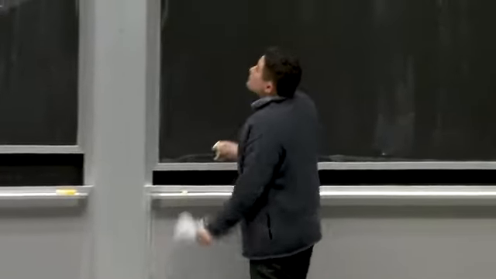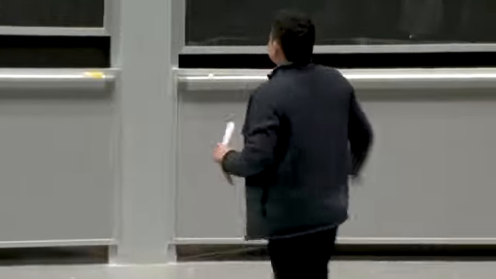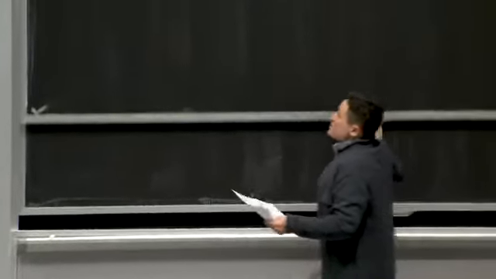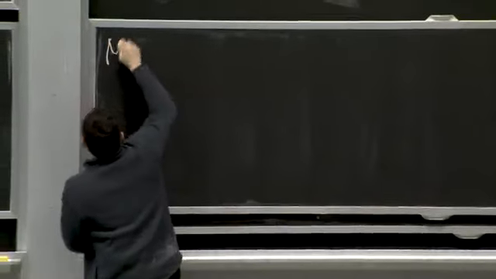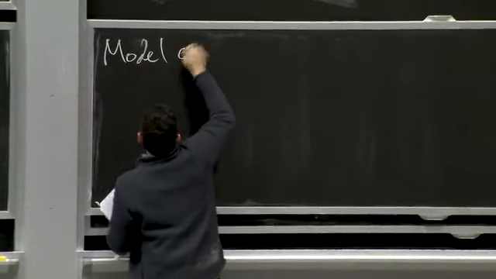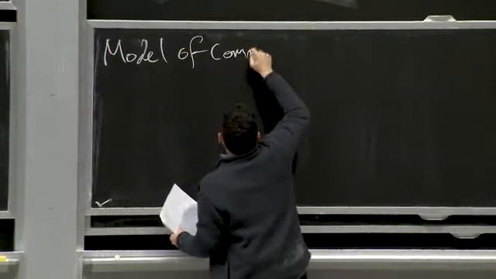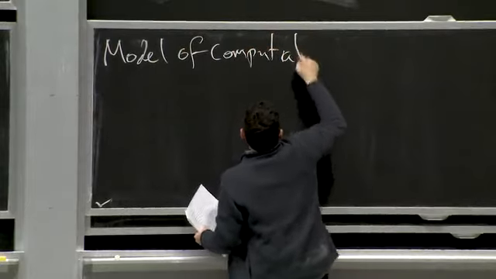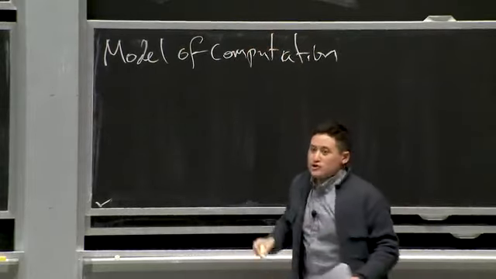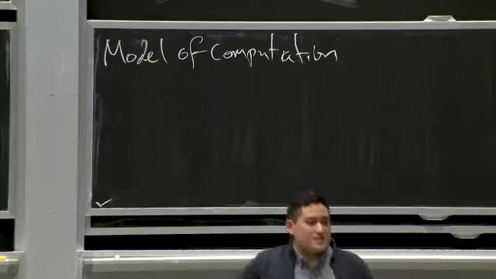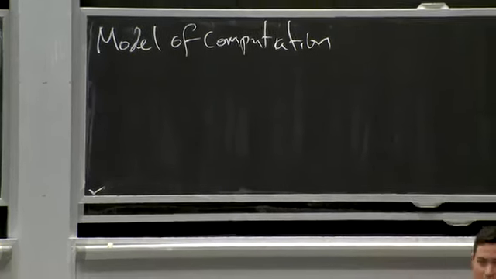All right, so how do we measure these things if I don't know what my fundamental operations are that my computer can use? So we need to define some kind of model of computation for what our computer is allowed to do in constant time, in a fixed amount of time.